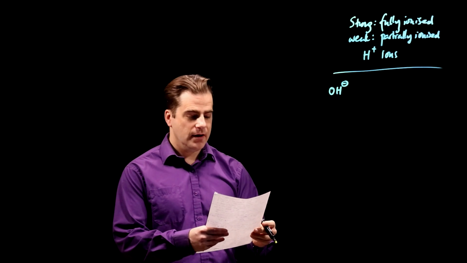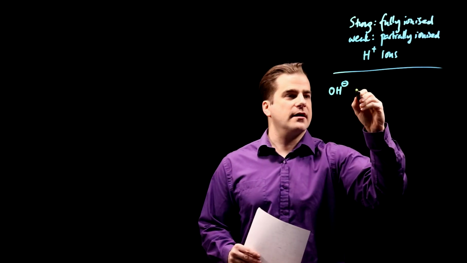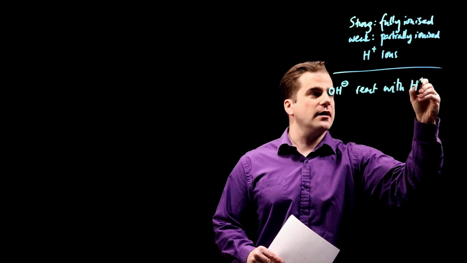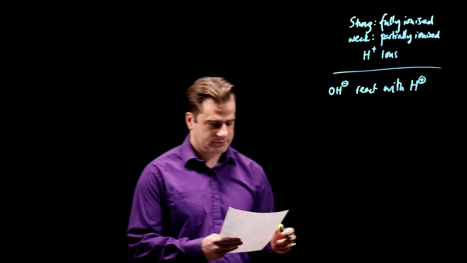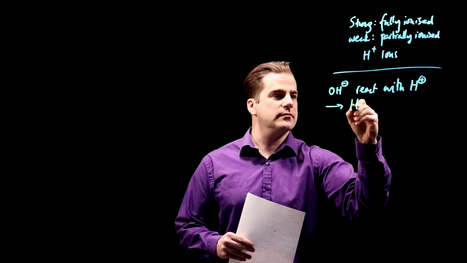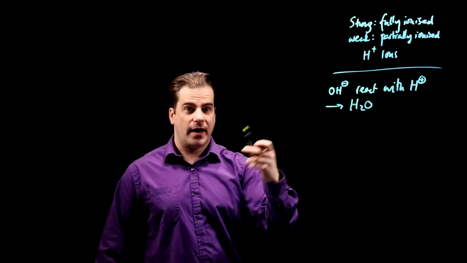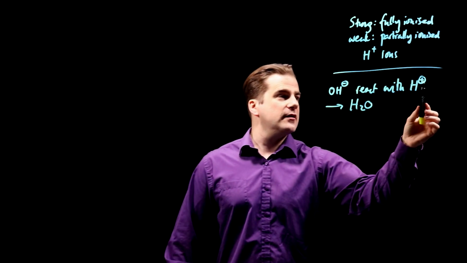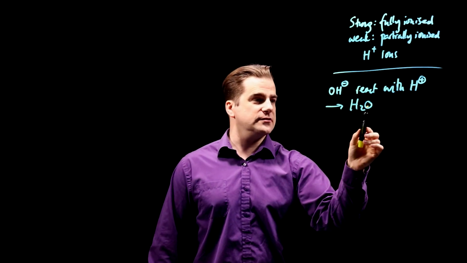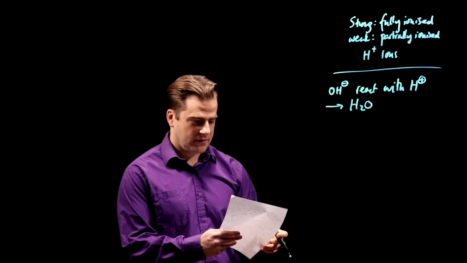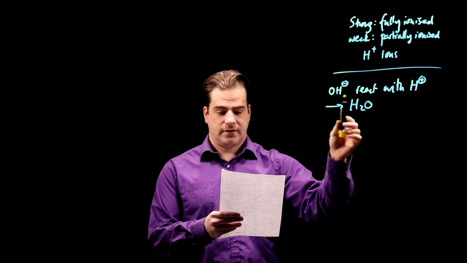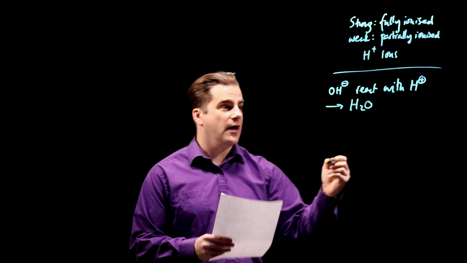Hydroxide ions react with hydrogen ions to form water molecules. Okay, that's what acid and base reactions are all about. That's the acid, that's the base, and look, HOH forms H2O. So hydroxide ions react with hydrogen ions to form water molecules.